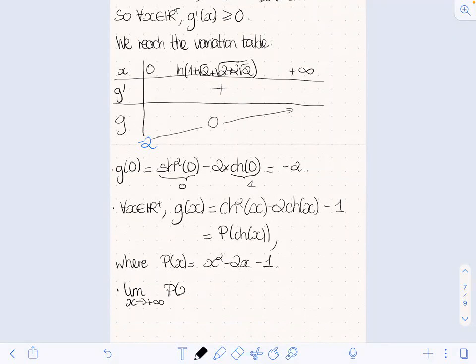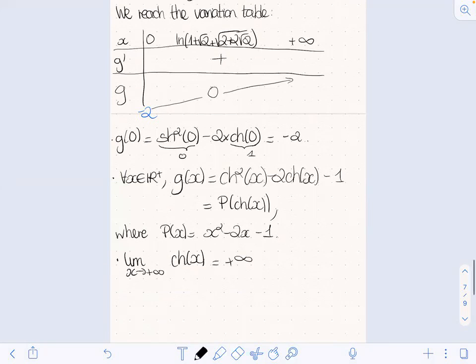Or actually, that's a bit of a silly way of doing it. What value rather does ch of x go to at plus infinity? Plus infinity. Yeah, absolutely. And then if we take y to plus infinity and consider p of y, we'll get plus infinity.